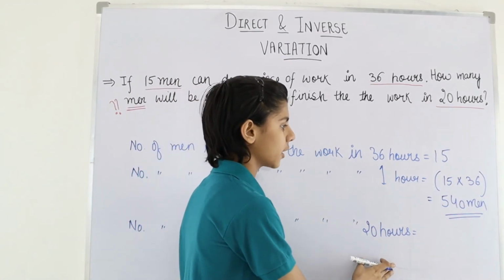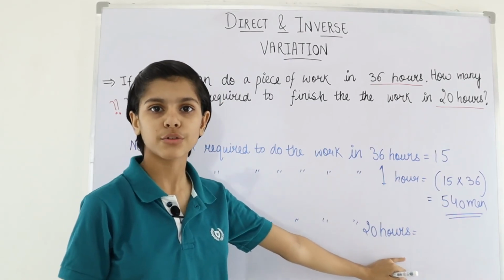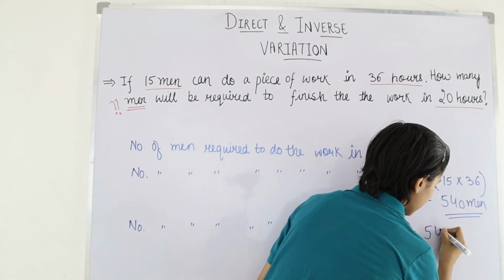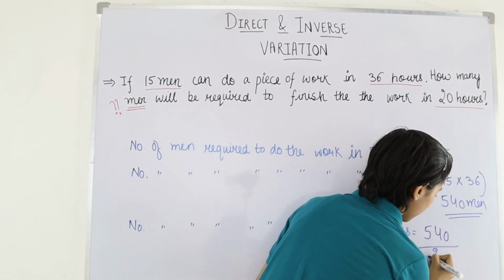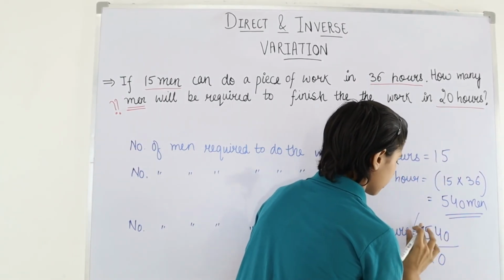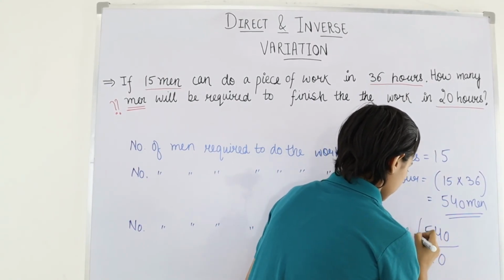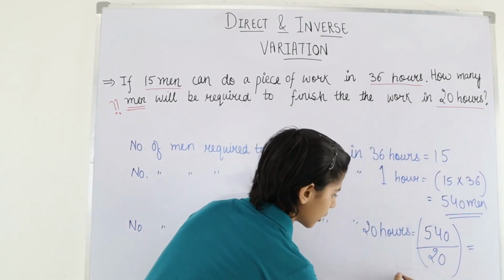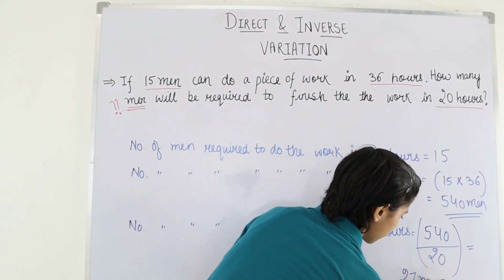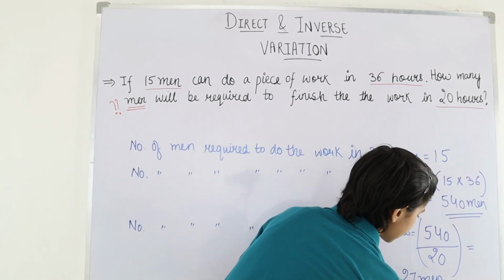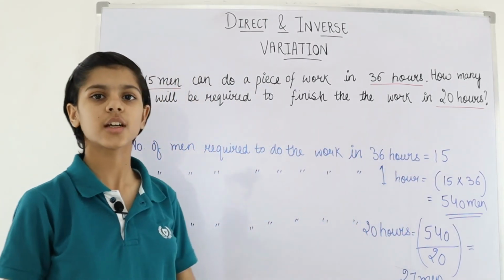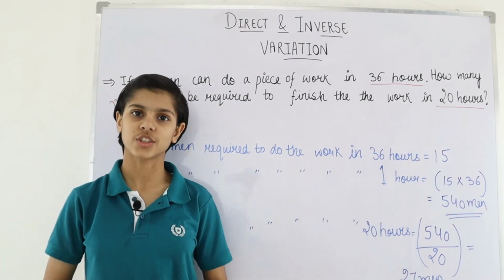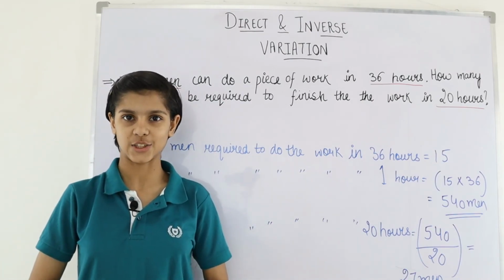So we will divide here because here the number of men will come less. So we will divide 540 by 20. And after calculation, the answer will come 27 men. So 27 men can finish the work in 20 hours. So like this you can solve any question related to inverse variation.